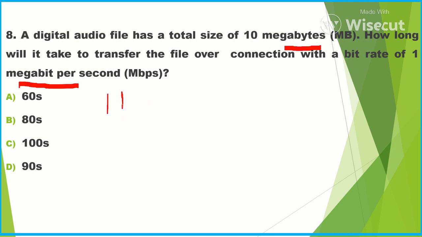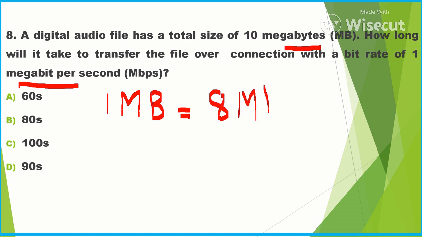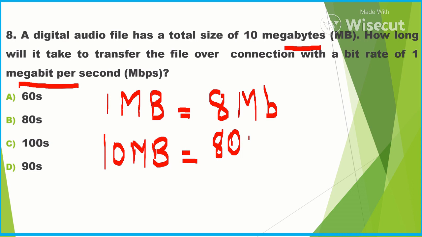So 1 megabyte is equal to how many megabit? 1 megabyte is equal to 8 megabit. Therefore 10 megabyte is equal to how much? That is 80 megabit.